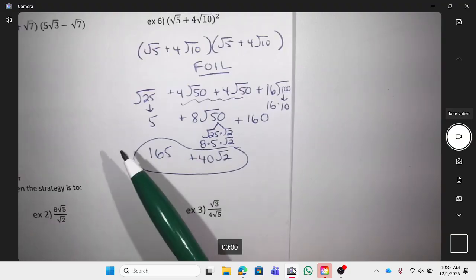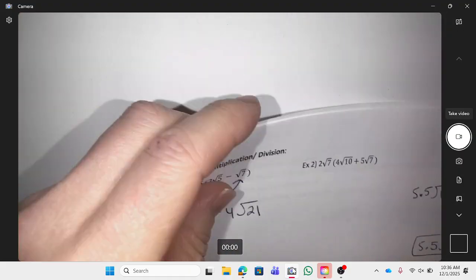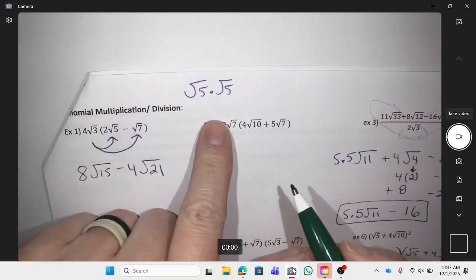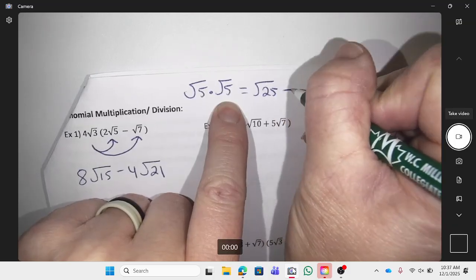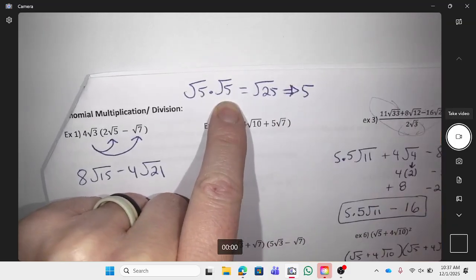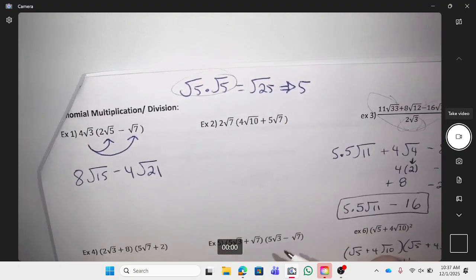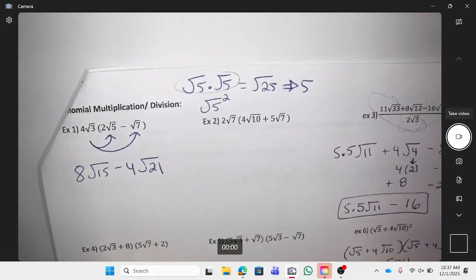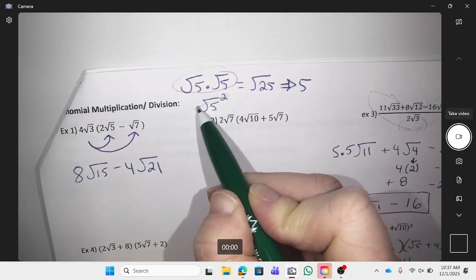Some of you might have noticed this, the root 5 times the root 5. We turned it into the square root of 25, and then it turned into a 5, right? So do you understand when you times a root by itself? It would be kind of the same thinking as that. And what happens when you repeat a square root like that?